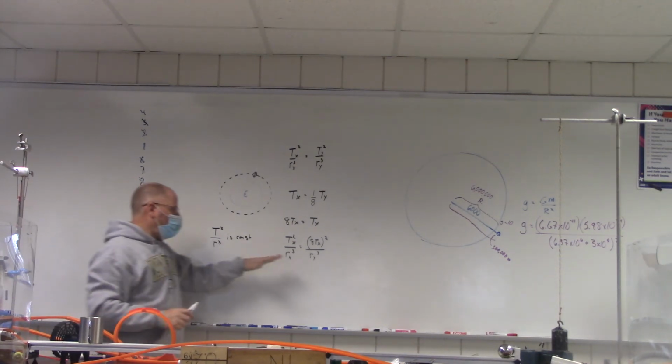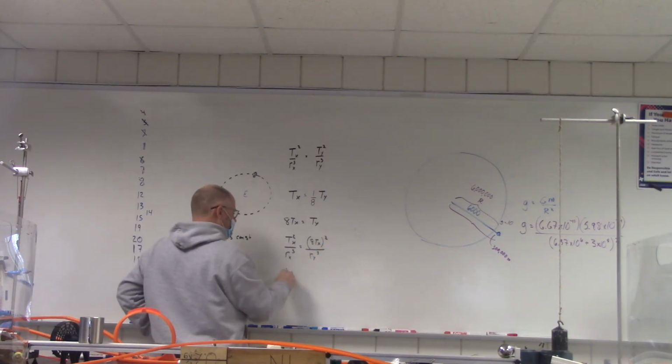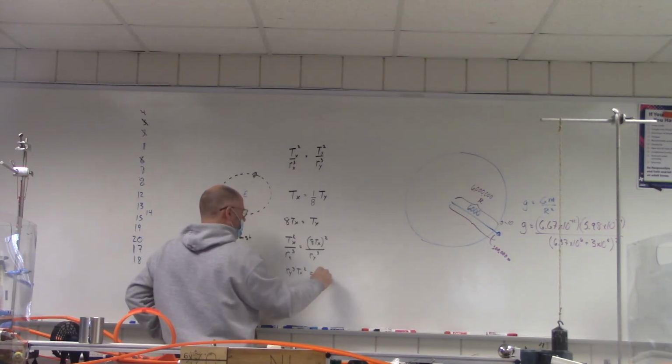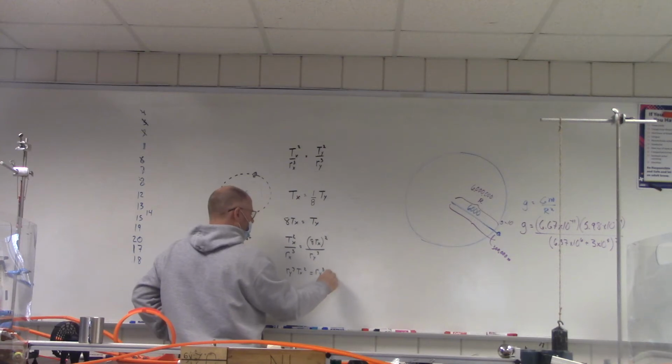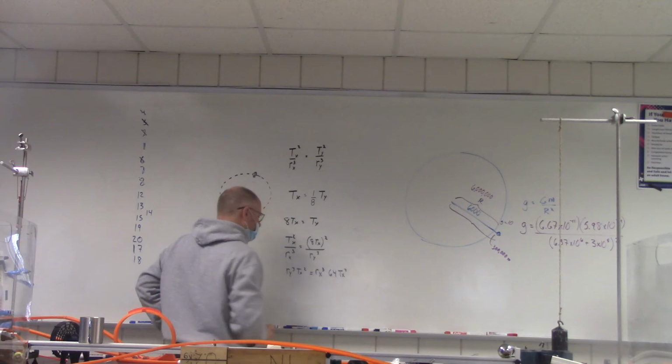Now I'm going to cross multiply and try to simplify it a little bit. So I end up with ry cubed times Tx squared is equal to rx cubed times 64 Tx squared.